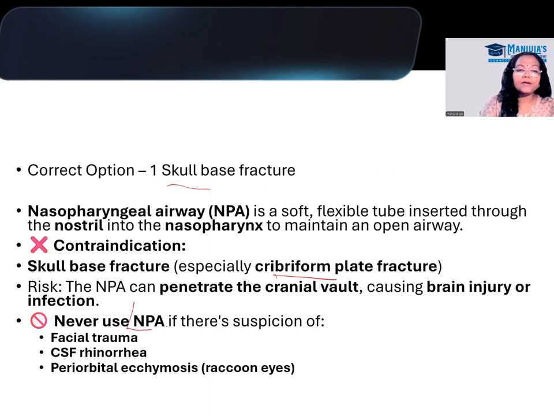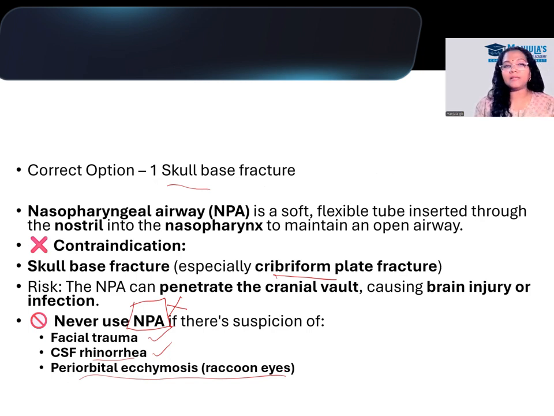So you should never use this nasopharyngeal airway if there is facial trauma, if there is a CSF rhinorrhea. When there is a CSF rhinorrhea, we suspect that there is a basal skull fracture. So never do this when there is a CSF rhinorrhea, as well as raccoon eyes or periorbital ecchymosis.